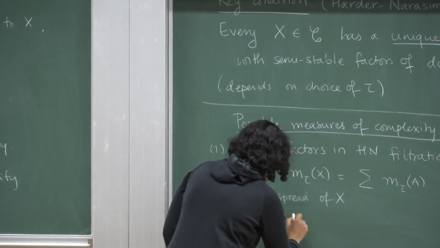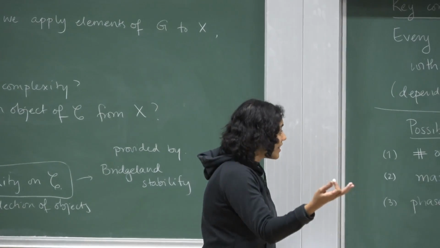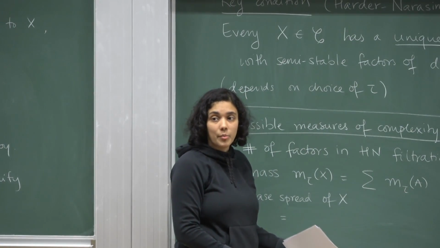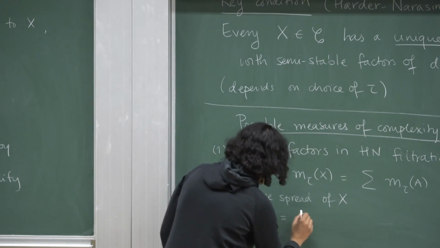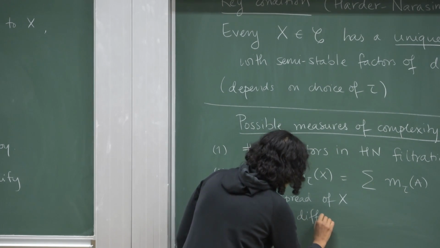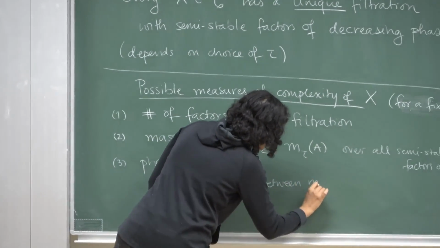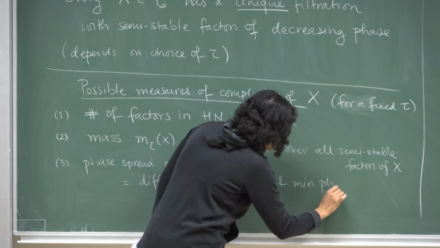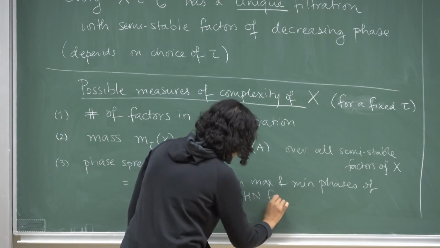So the phase spread of X is simply you look at the semi-stable factors in the HN filtration. Each one has a phase, which is a real number. You take the maximum and the minimum, and you take the difference. So the difference between the max and min phases of the HN factors.